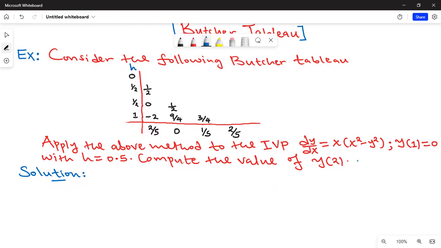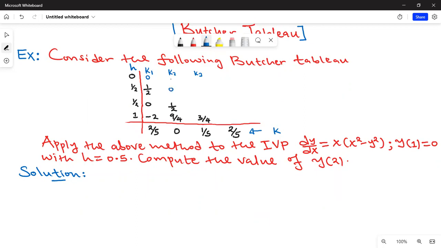On the right-hand side, the first column are the coefficients of k1. Second column are the coefficients of k2. Third column, that is k3. And then these values here are the coefficients of k1, k2, k3 when you are calculating the k. The blank spaces mean zeros, so you can insert them.